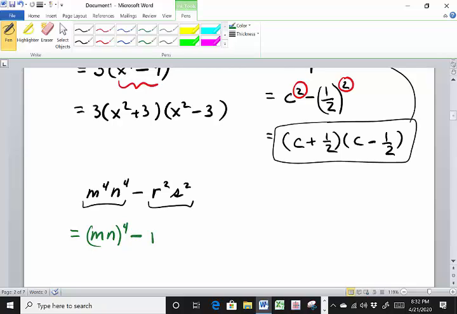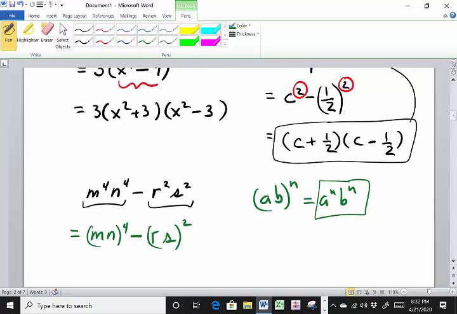Subtract rs to what power? Well, the 2nd power. And all that I'm doing is I'm kind of undoing this rule. ab to the nth power is a to the n, b to the n. And I'm just kind of going backwards. You're given this, which is right here and right here, and then I'm just writing it in this form, which is down here is what I'm doing.